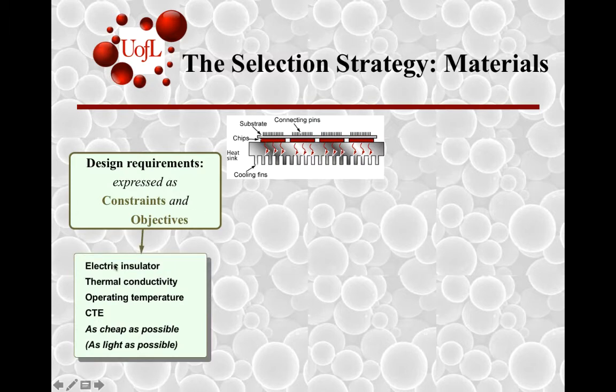Some aspects are, it should be an electrical insulator, otherwise it will short out this whole set of electrical circuits. It should conduct heat, so thermal conductivity. There should be fewer thermal stresses, so the coefficient of thermal expansion, CTE, should be matched to the chips that are mounted on top of the heat sink.